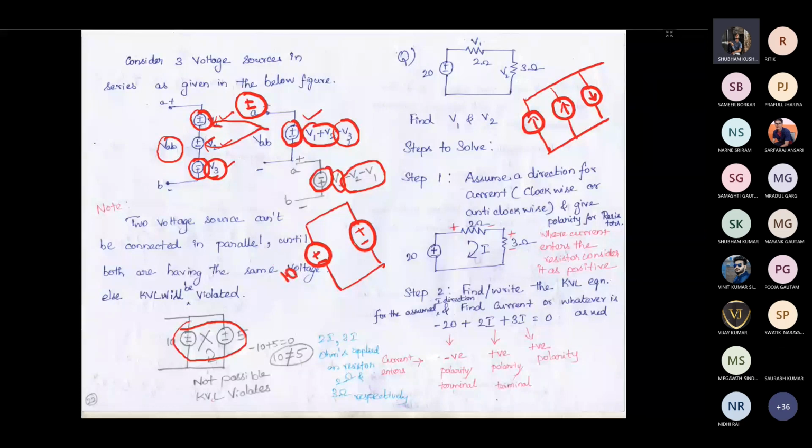You can connect two voltage sources like this only if they are of the same magnitude. Else you cannot write KVL for this loop.